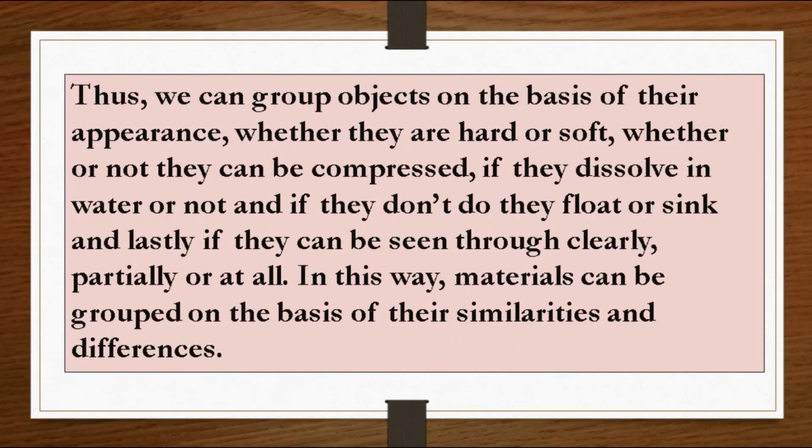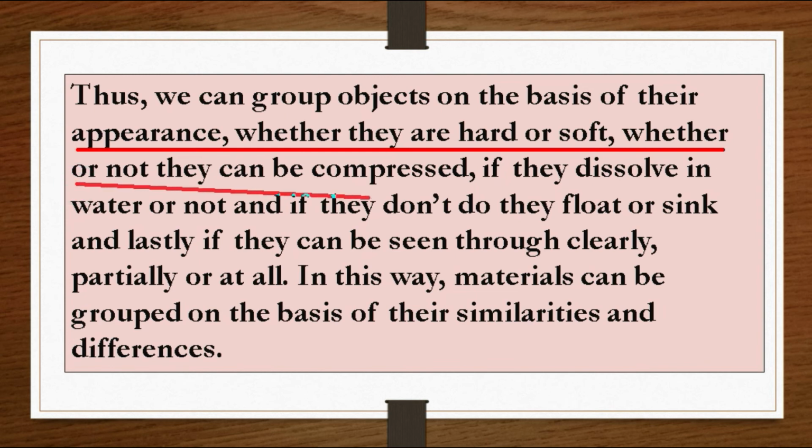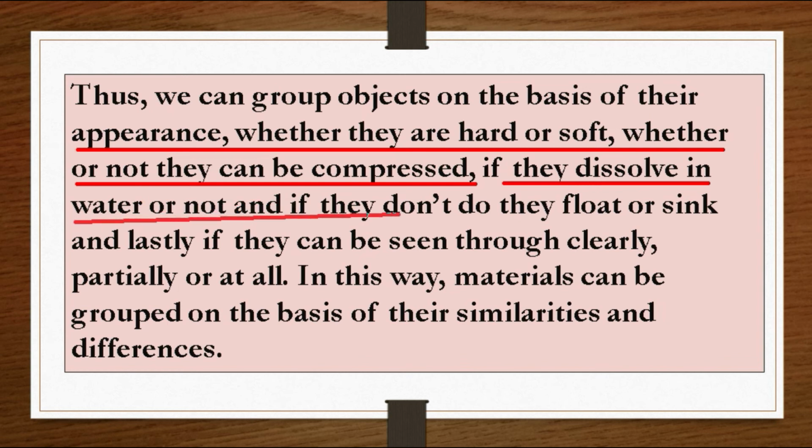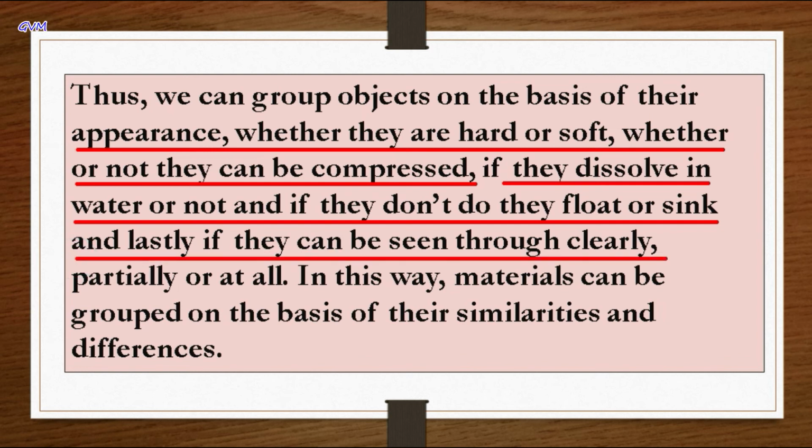Now students, that's how we can group objects on the basis of their appearance, whether they are hard or soft, or we can categorize them on the basis of their compressible or non-compressible nature, or on the basis of their solubility in water and in another liquid, and we can also categorize them on the basis of whether they are floatable or sinkable, and lastly whether they can be seen through clearly, partially, or not at all.